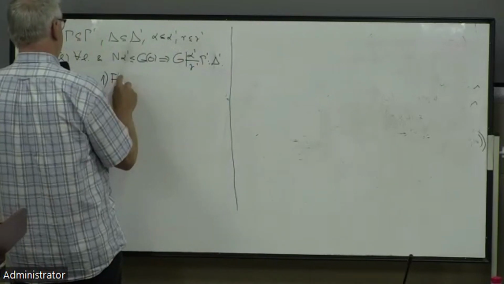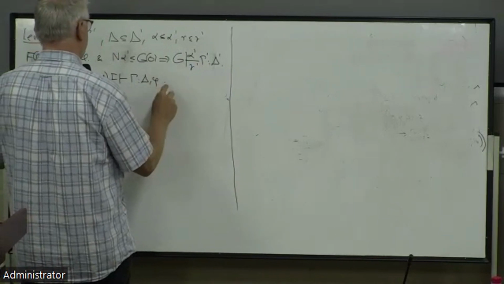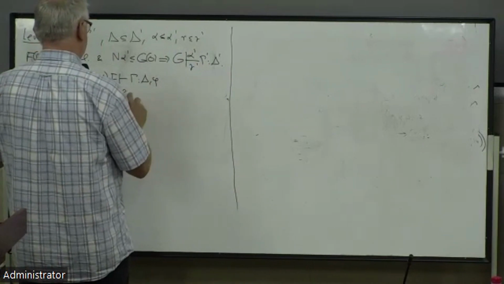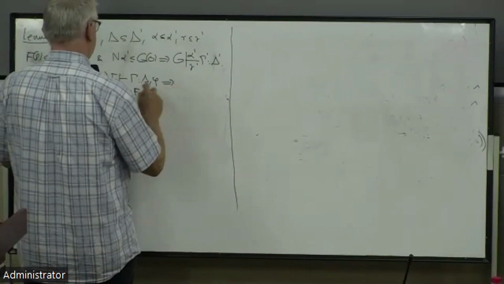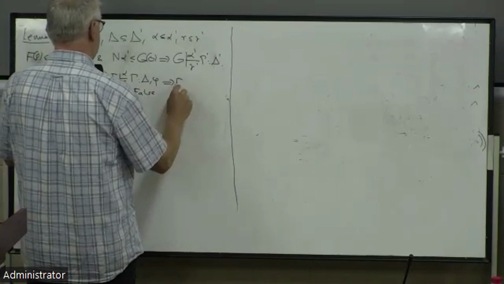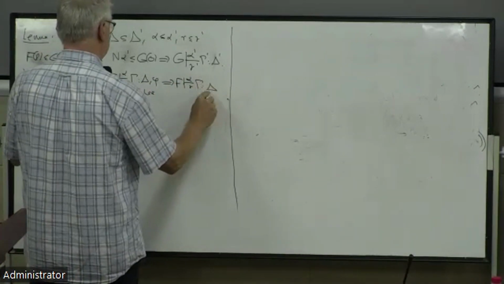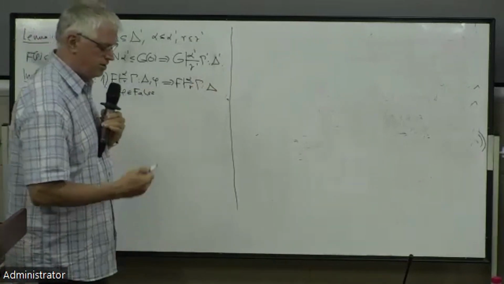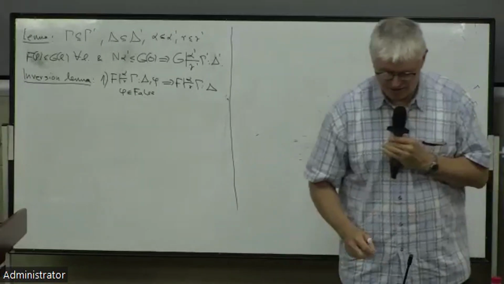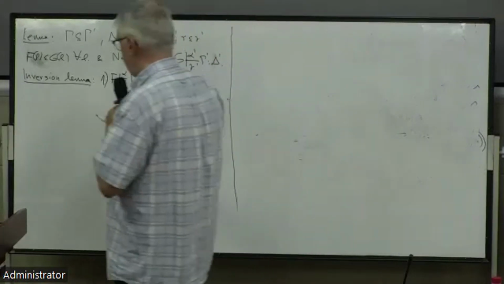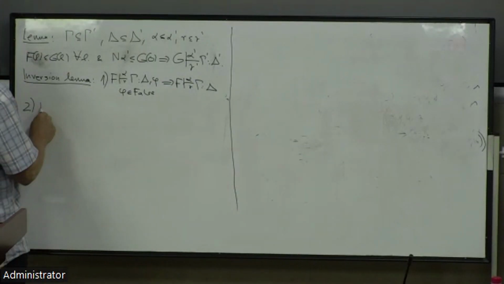So if F derives gamma delta P and P is false, then you can just leave it out. So there's no rule where a false formula is a principal formula on the right-hand side. Symmetrically, we can delete true formulas on the left-hand side.